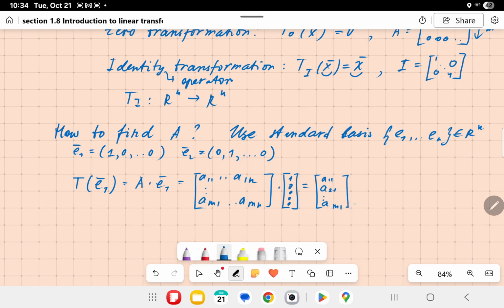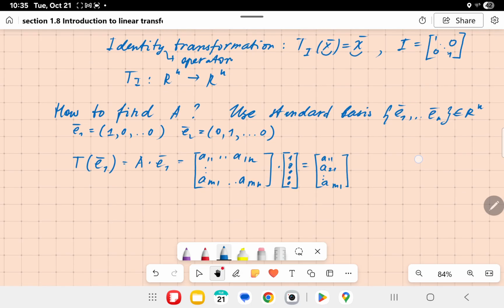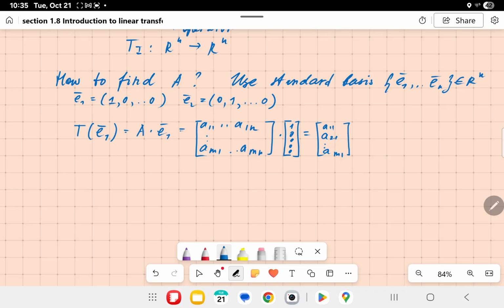So guys, basically, if I apply the transformation on a standard basis vector, I'm going to get the first column of my transformation matrix. And if I apply it to the second, I'm going to get the second column, and so on. So that's a way to get the transformation matrix. Take a standard basis, apply the transformation to the vectors of this standard basis, and then combine your matrix of transformation out of the results.